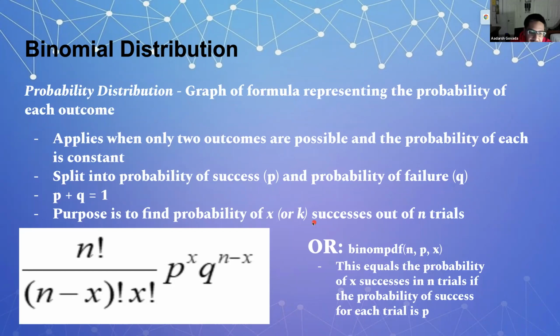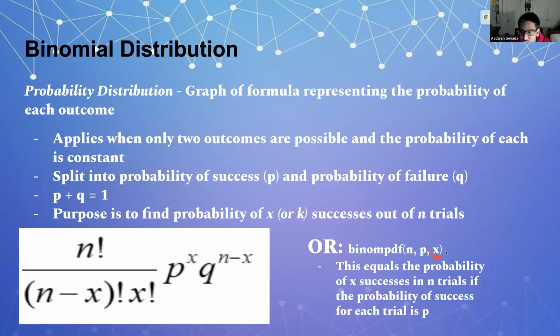So for example, if we're going to flip a coin 5 times, right, then N is 5. And if we're saying success is getting heads, the probability of success is 0.5. That's P. So N is 5 because 5 flips. P is 0.5 because that's the chance of us getting a success.